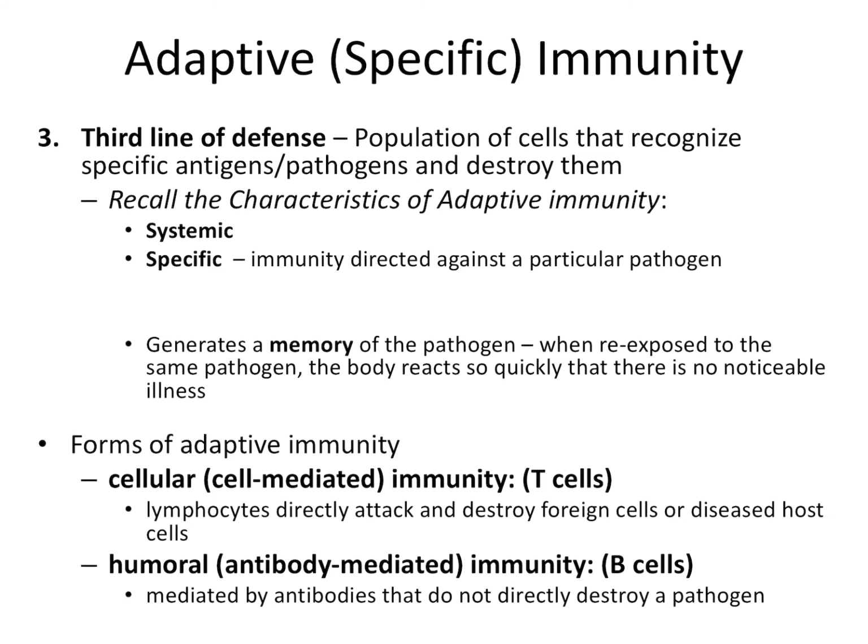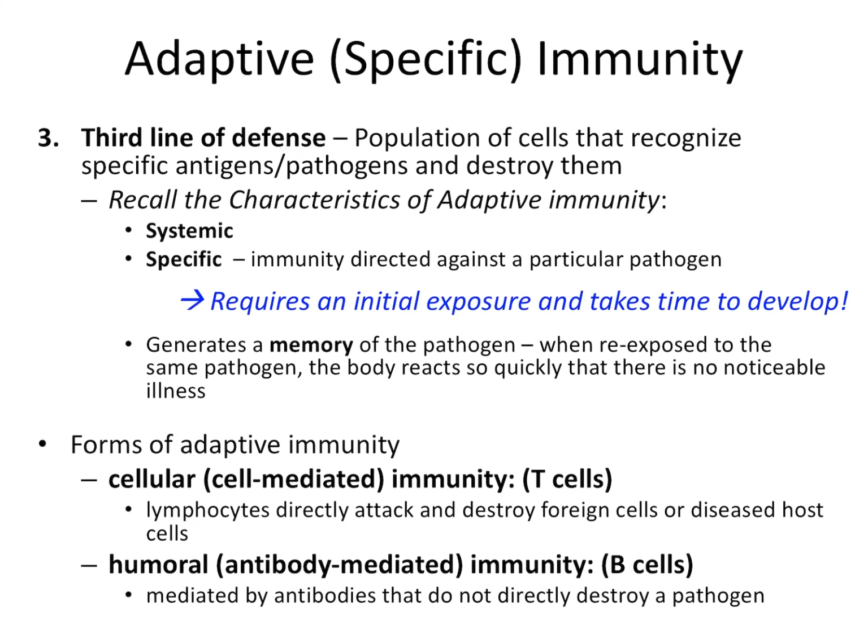Now, because of that, it not only requires an initial exposure, but it's going to take time to develop this specific immunity. So if the first line of defense is breached and a microorganism is able to enter into the body, that innate immunity, the cells that are involved, the complement system, they are always ready to fight against that pathogen.